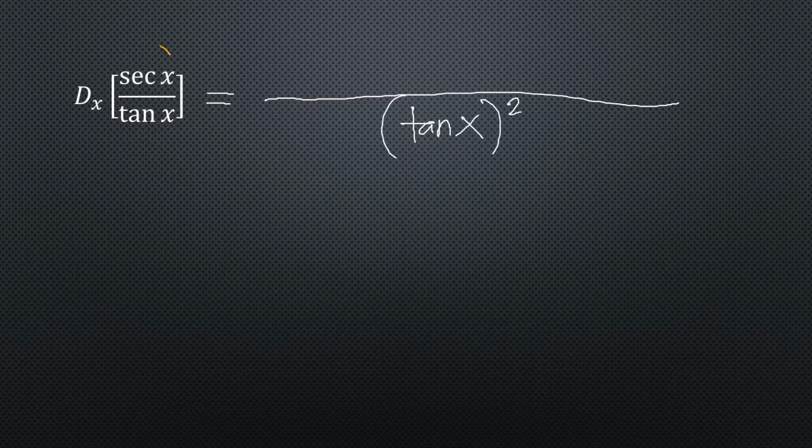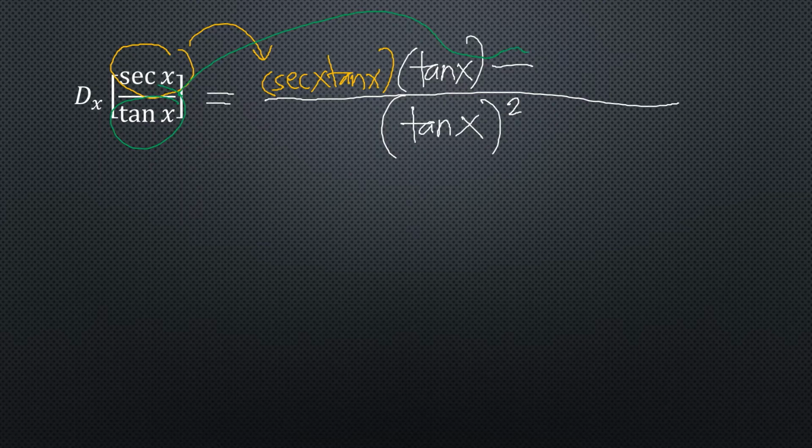Now get the derivative of the numerator first, and the derivative of the numerator secant x is secant x times tangent x. Now copy the denominator tangent x, minus the derivative of the denominator tangent x, which is the square of secant x, and now copy the numerator secant x.